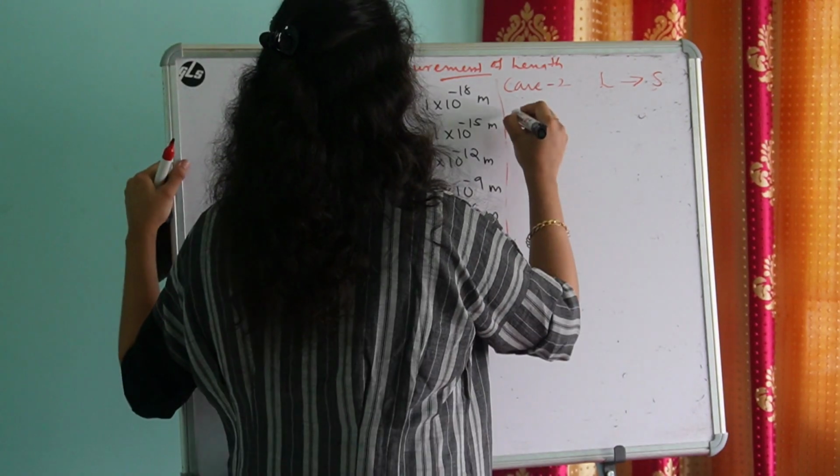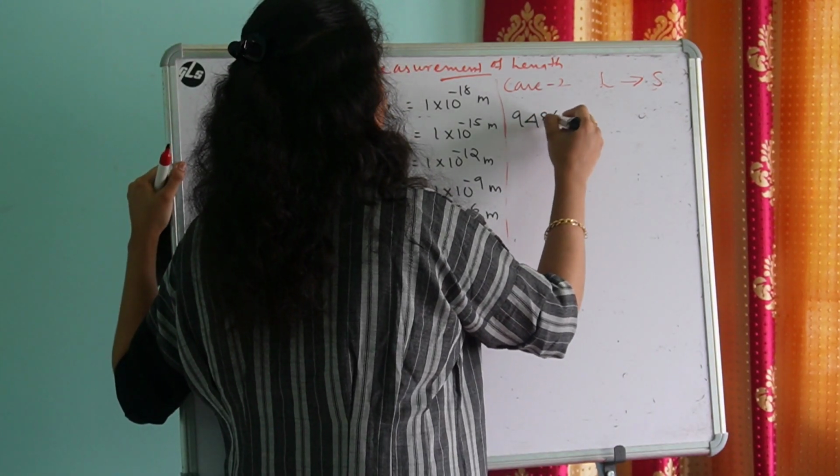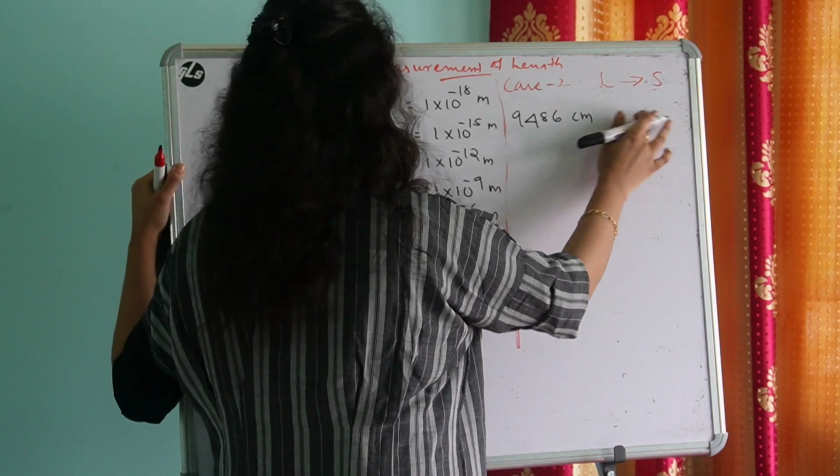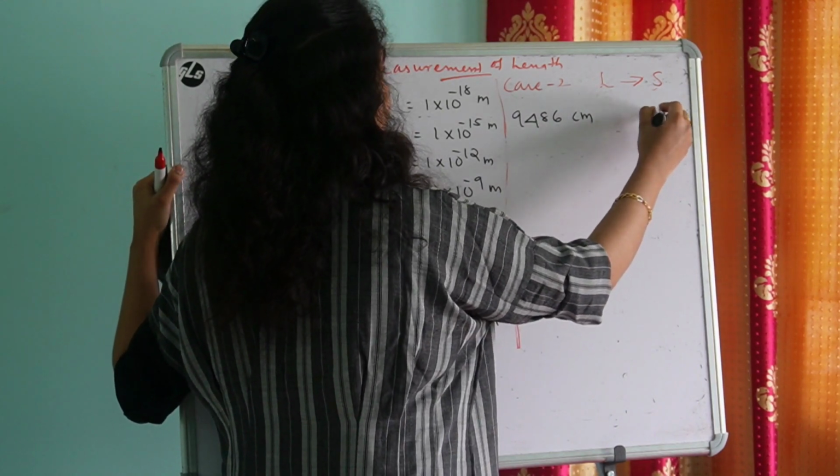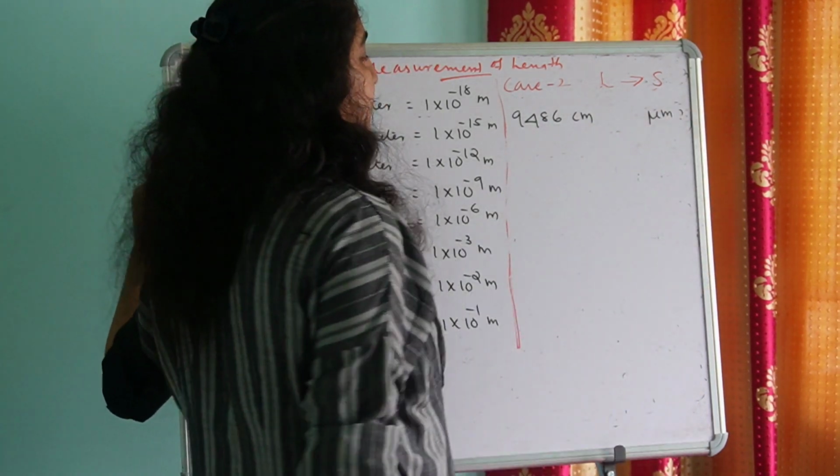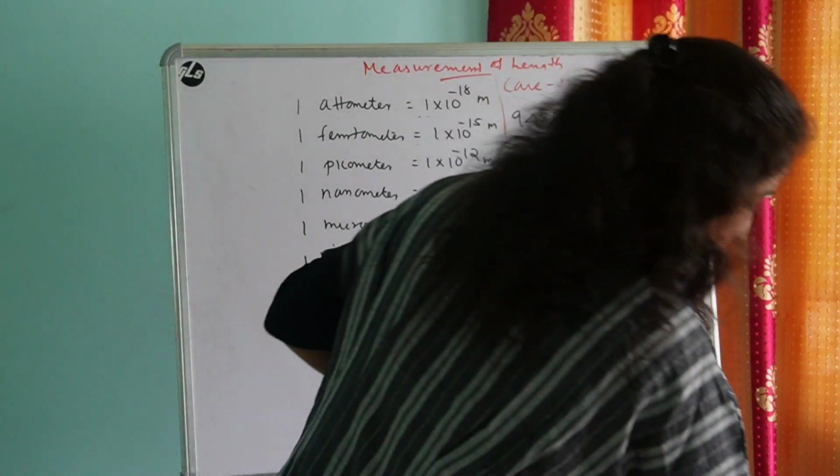So you are given 9486 centimeter and you are asked to find the value in mu meter. What is mu meter? Mu meter is micrometer.